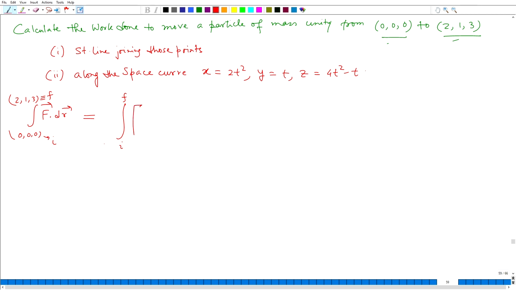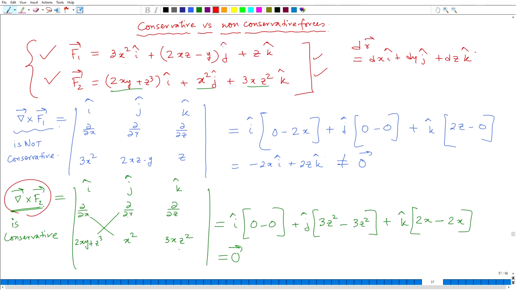So, 2xy plus z cube i cap plus x squared j cap plus 3xz square k cap. Okay. I just check that, yes, this is the correct expression, x square, yes.